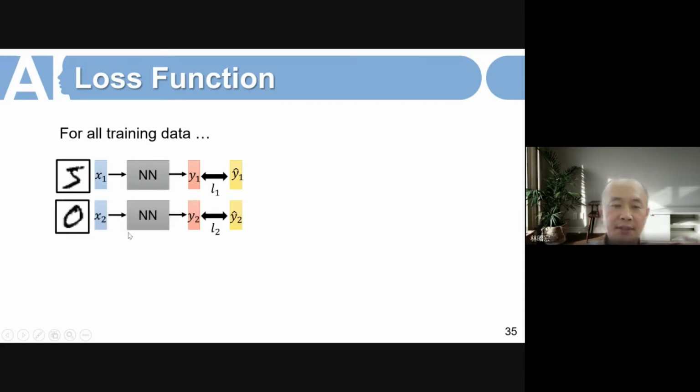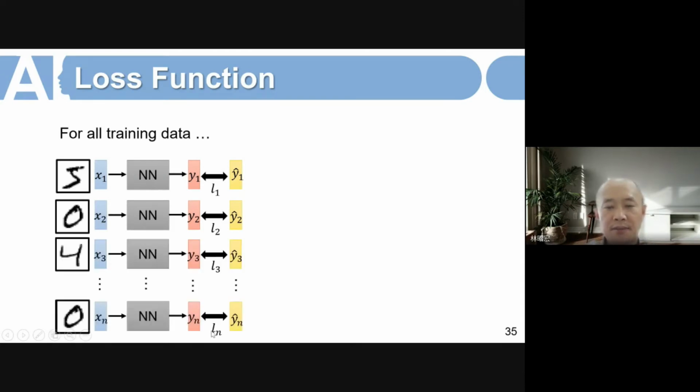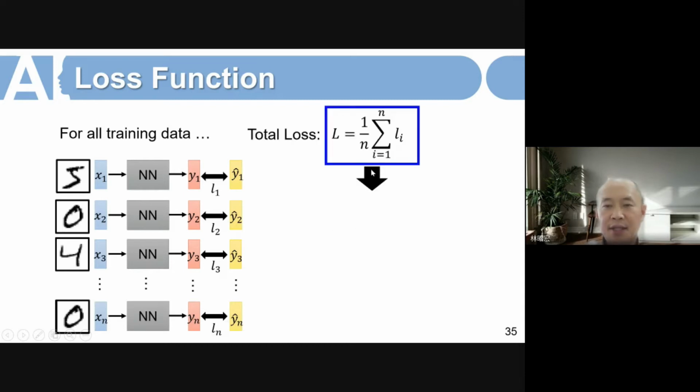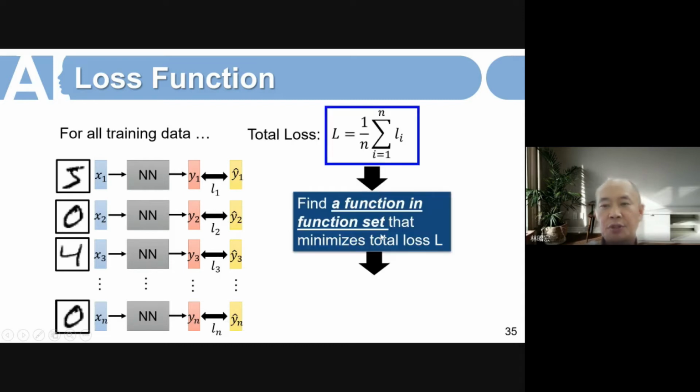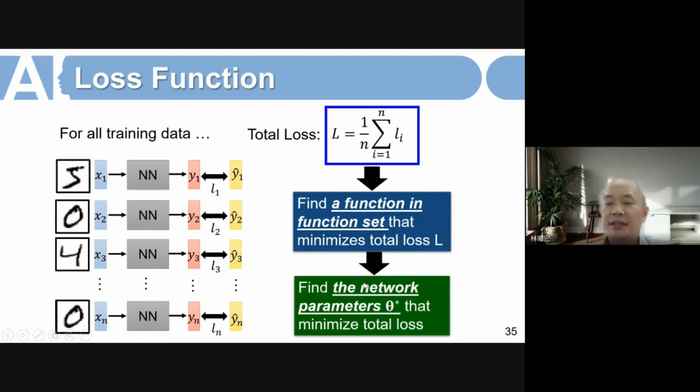With more data input to the model, you can get more losses. The summation of the loss helps you to minimize the total loss and find the best, optimal function in the function set. That means finding the optimal unknown parameters in your neural network that minimize the total loss.